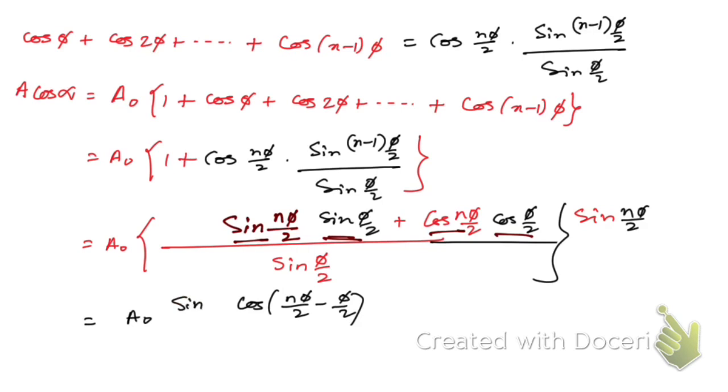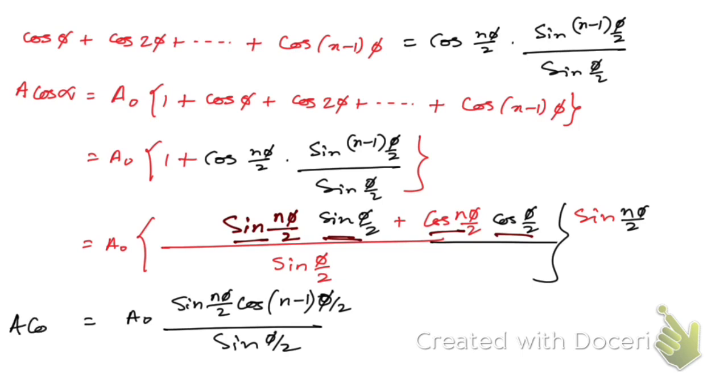Sin n phi by 2 is taken first. Here you see this can be written in this form also. If you take the phi by 2 common, you can write this way also, divided by sine phi by 2. That's what we have got.